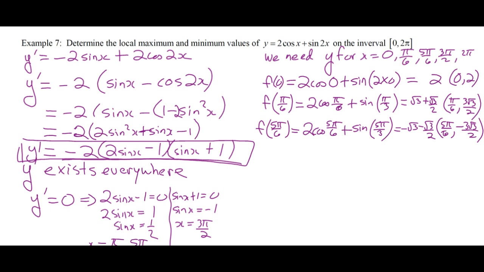And 3 pi over 2. 2 cos 3 pi over 2 plus the sine of 3 pi. Cos pi over 2, so that's 0. Sine of 3 pi is 0.